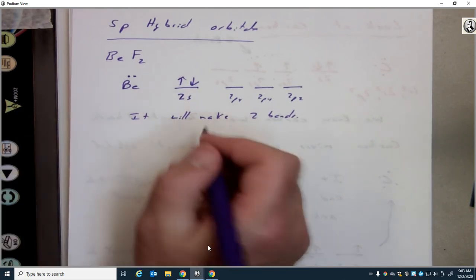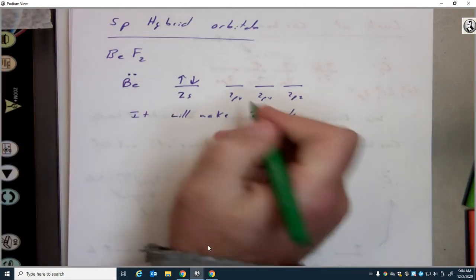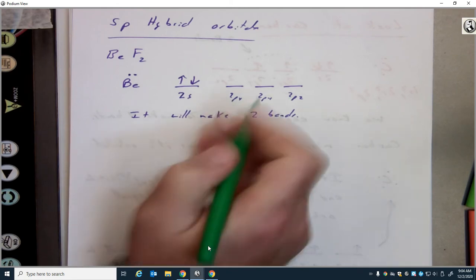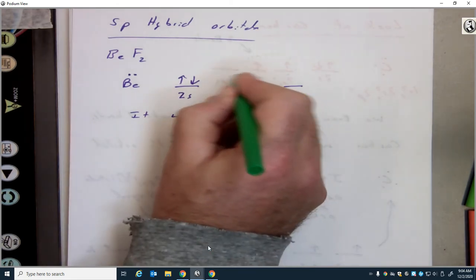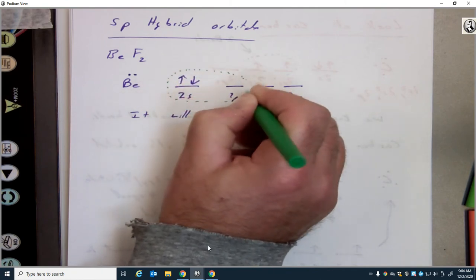Well, what happens is it mixes two orbitals. Now remember, the s generally has a little bit less energy than the p orbitals, but not much. So when beryllium bonds, it mixes these two orbitals.